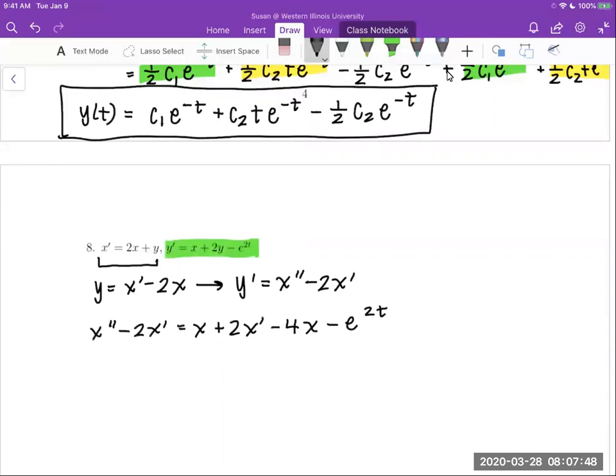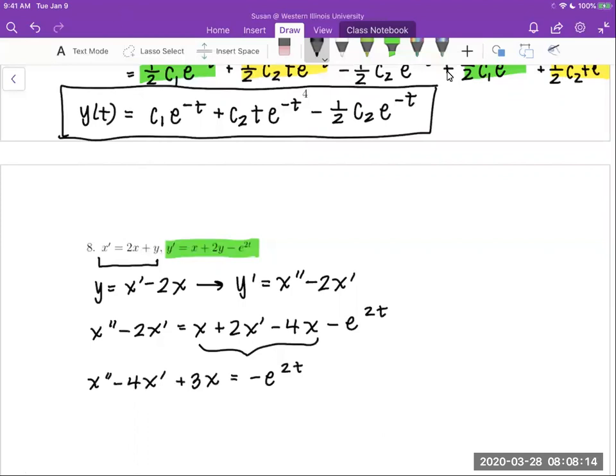So what I'm going to do is take these three terms here and move them over to the left-hand side. So that's going to give me x double prime minus 4x prime, and that's a negative 3, so it'll become a positive 3x, and this equals negative e to the 2t.